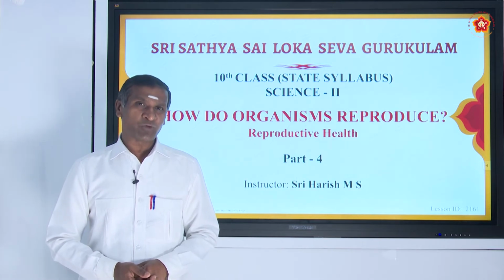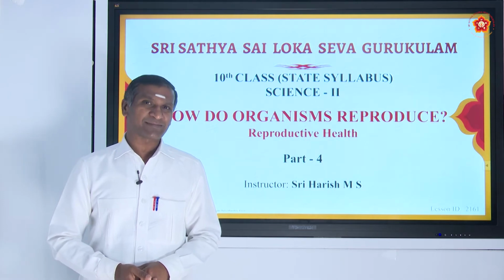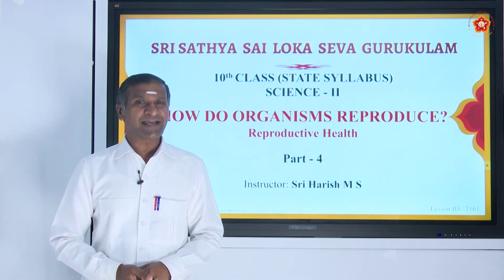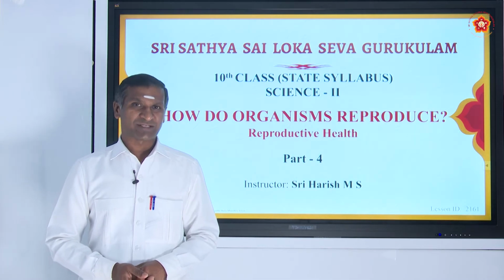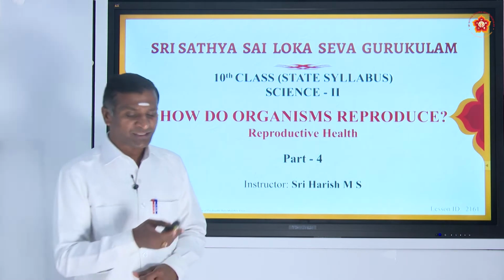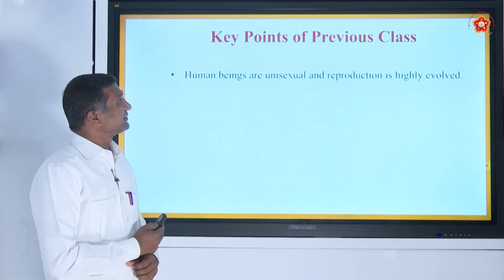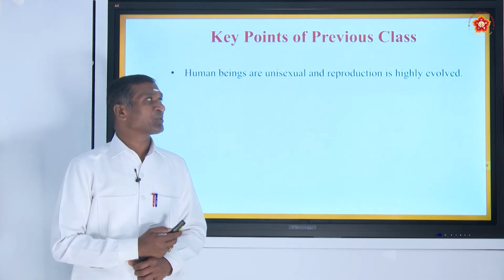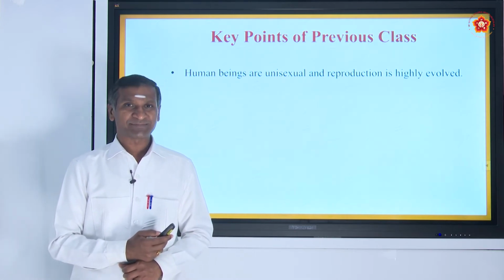Before we move to part 4, let us recap our previous part's main points and also check out the answers for the assignment 3 questions. In our previous part, we understood that human beings are unisexual and reproduction is highly evolved.